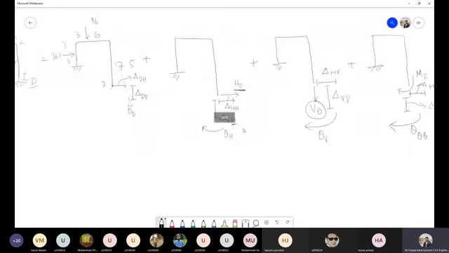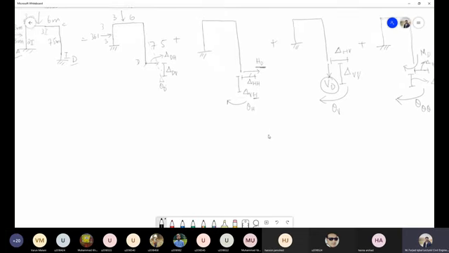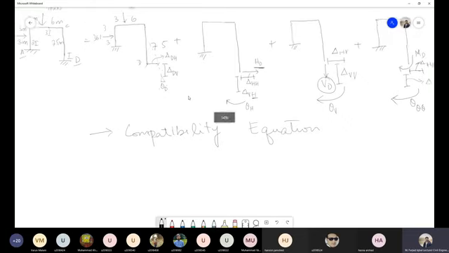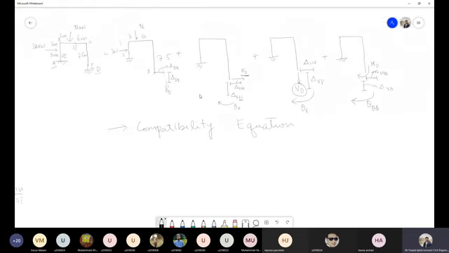So these are our four structures, and quickly we can write the compatibility equation, and in the next class we will be solving this one. So for the compatibility equation for this particular frame, first we will write the equation for the horizontal deflection.